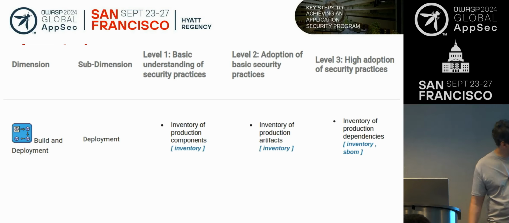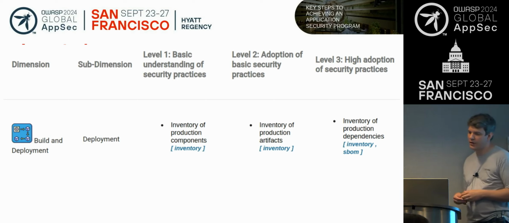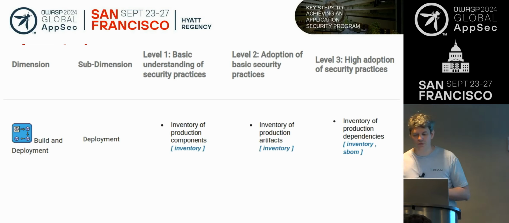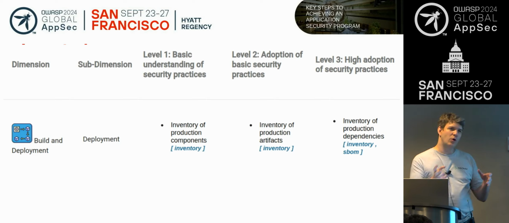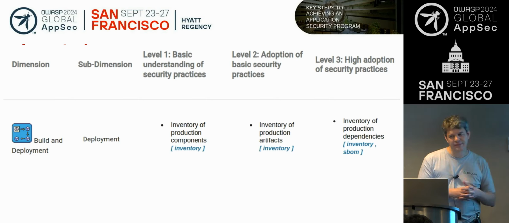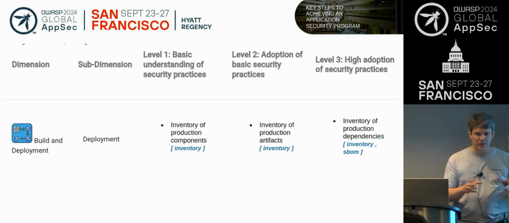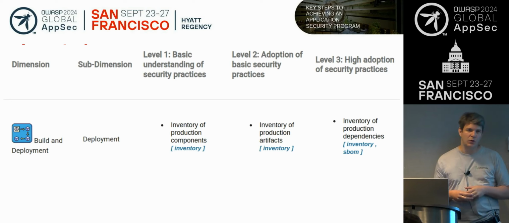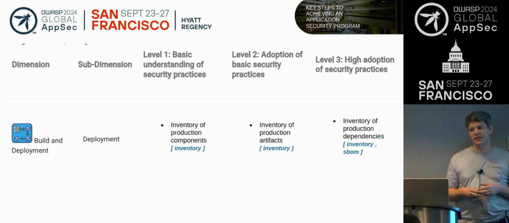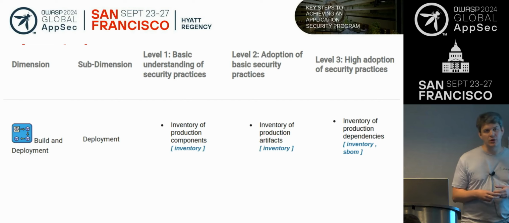And then in the end, on level 3, I recommend an inventory of production dependencies. So we not only know what services are deployed, for example, in a namespace in Kubernetes, we know in addition which dependencies are used in the services.